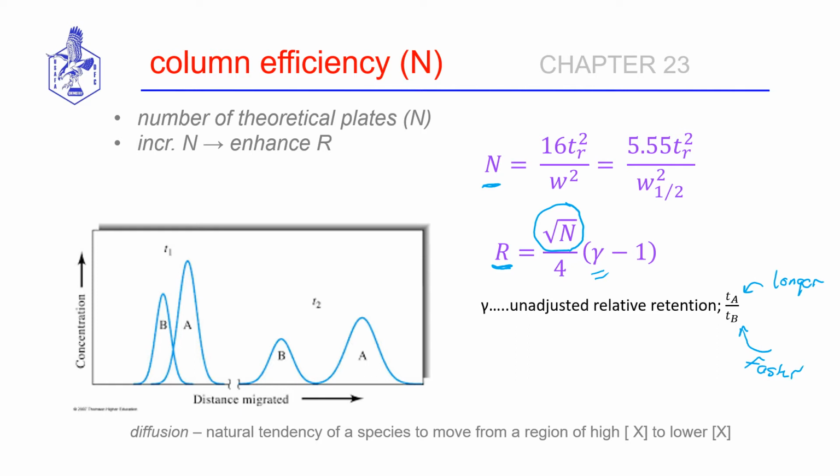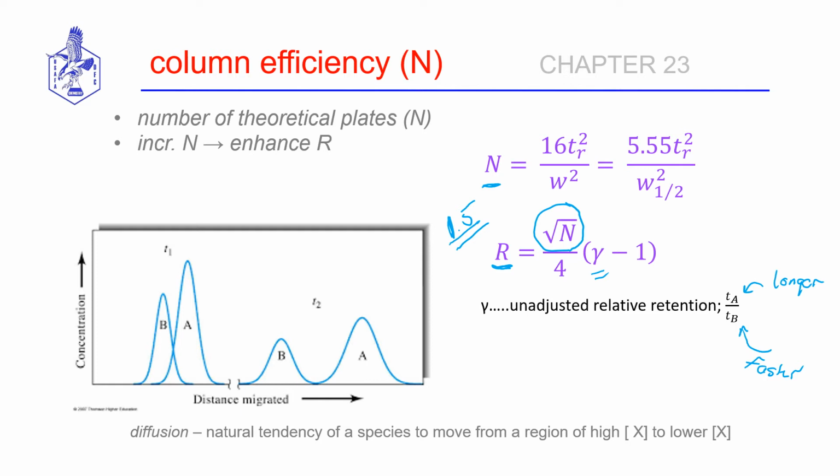So resolution is directly proportional to the square root of the number of theoretical plates. If we want to have good resolution, and remember to have a clean separation, that value has to be a minimum of 1.5. So resolution has to be bigger than or equal to 1.5.